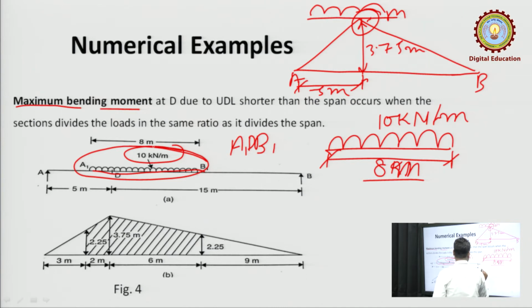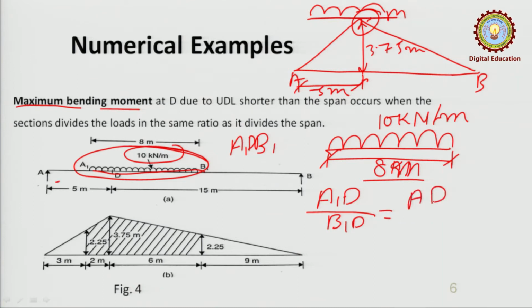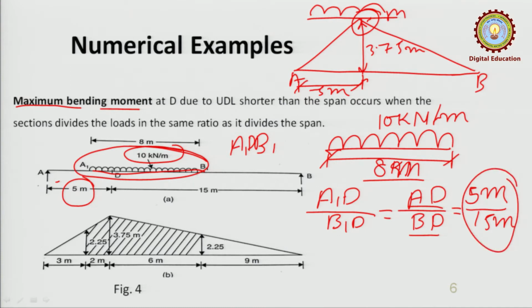You can say that the ratio of A1D upon B1D is equal to AD upon BD. We know the value of AD is 5 meter and the value of BD is 15 meter. So A1D upon B1D is equal to AD upon BD, and we have a ratio of 1:3.